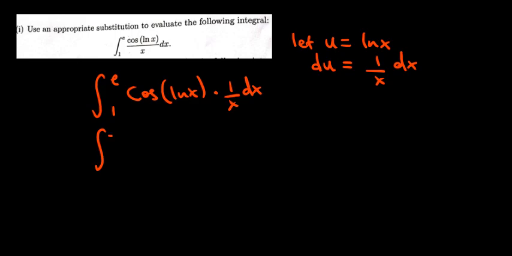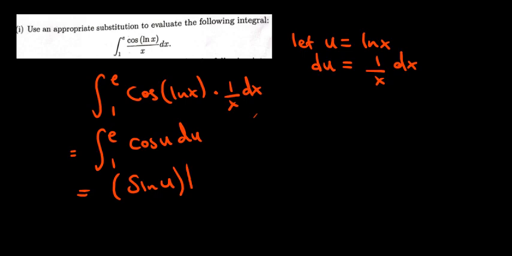So it's going to be cos, where there's ln x I replace with u, and the other part I replace with du. So when I integrate cos u, I get sine u, from 1 to e, like that.